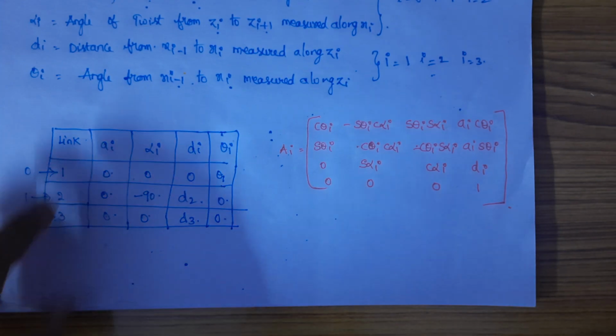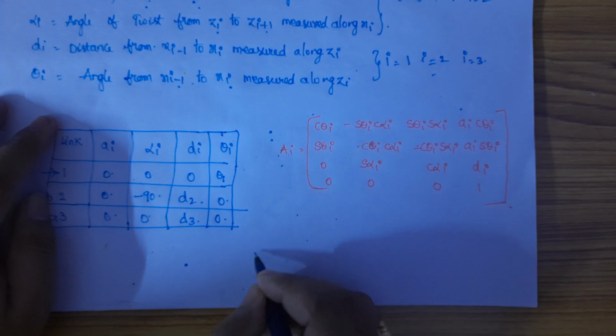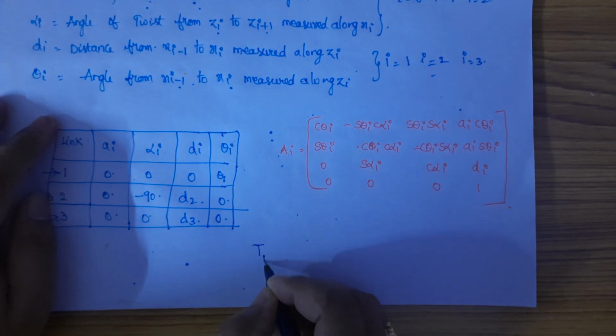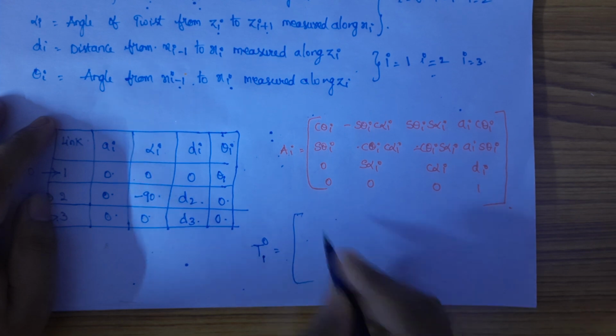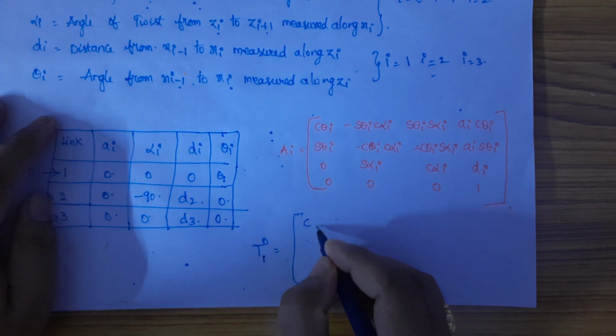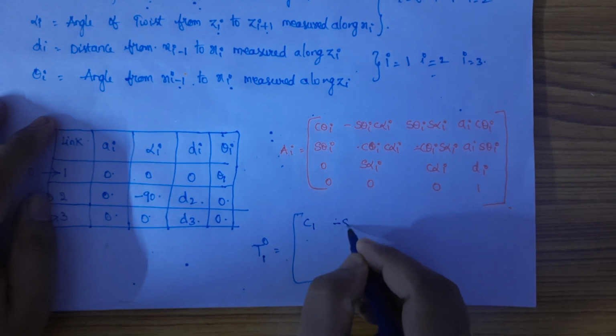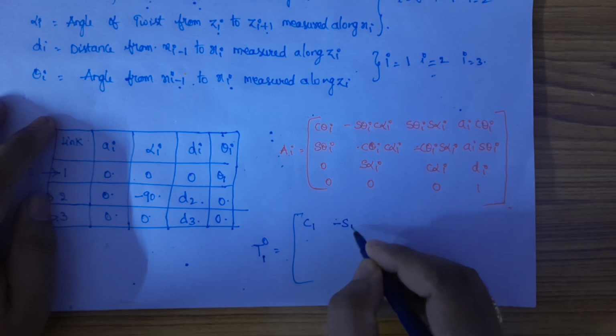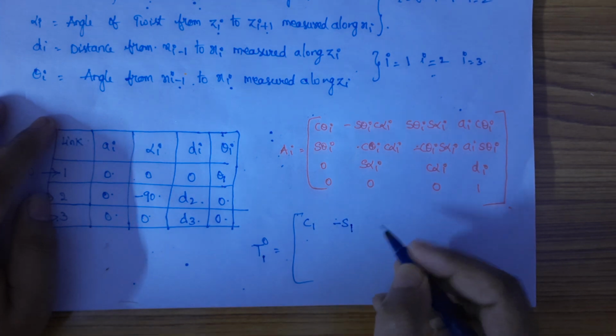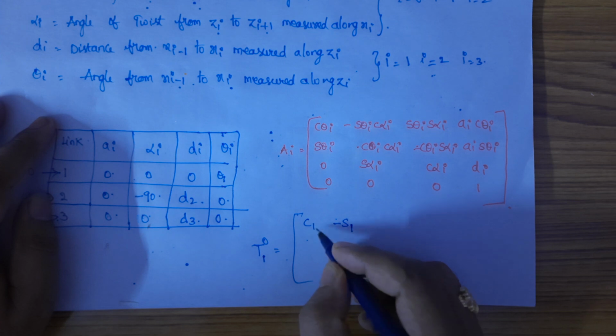After the first transformation, that is transformation of first frame with respect to 0th frame, I will be getting an answer of [c1, minus s1, 0, 0; s1, c1, 0, 0; 0, 0, 1, 0; 0, 0, 0, 1]. I am not writing the theta, just placing 1 here, c1 means cos theta 1.